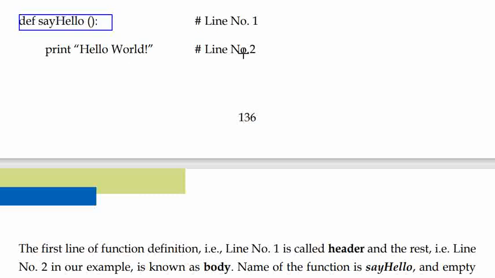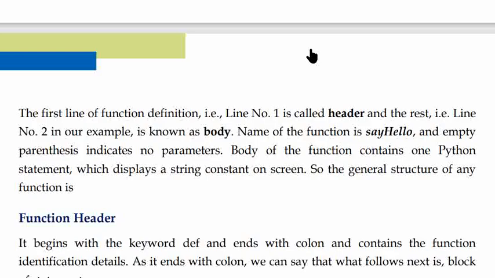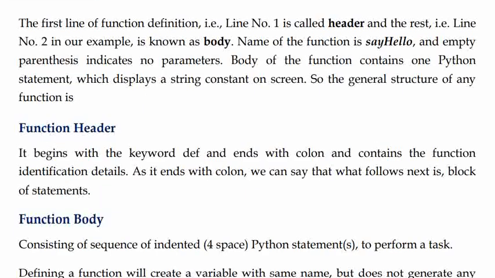This is a statement, line number 2. The first line of the function definition, that is line number 1, is called the header, and the rest, that is line number 2 in our example, is known as the body.